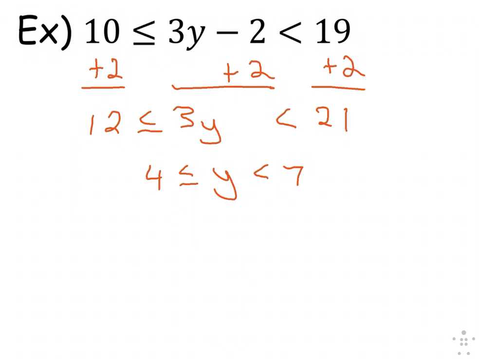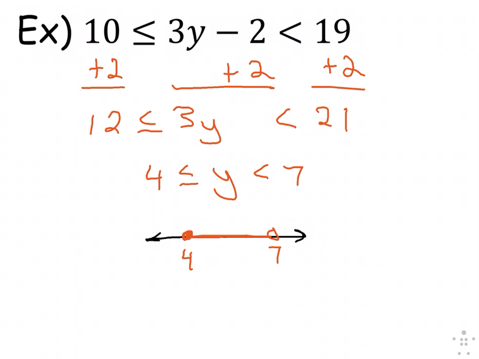So this is an and compound inequality because the y is in between two inequalities and it is read with y as the subject. So y is greater than or equal to 4 and y is less than 7. That's how it is read. And then we graph this on the number line.